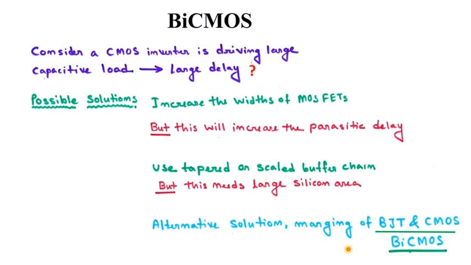So basically we merge the advantages of the BJT and CMOS, which forms BiCMOS. Let us see how BiCMOS can give the advantages of both bipolar logic circuits and CMOS logic circuits. In the next slide, we use a BiCMOS inverter circuit.